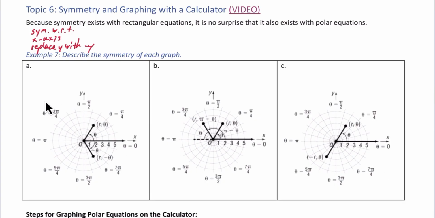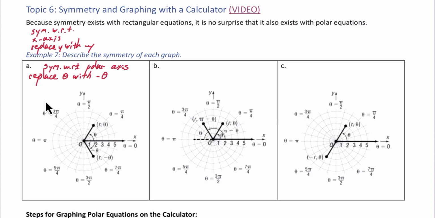Here we have symmetry with respect to the polar axis, which is essentially the x-axis. And the way we would get this is we would replace theta with negative theta, and then look at the result.